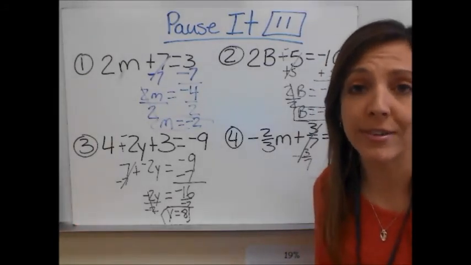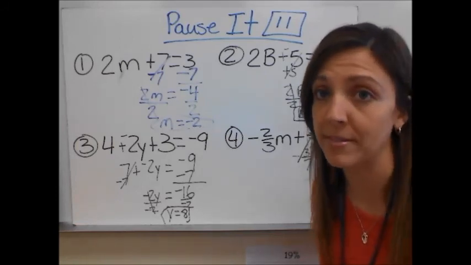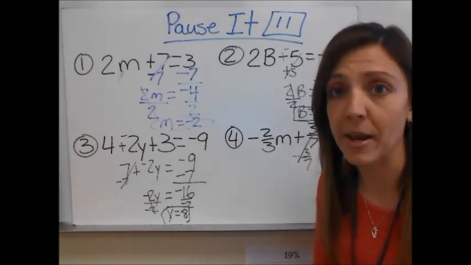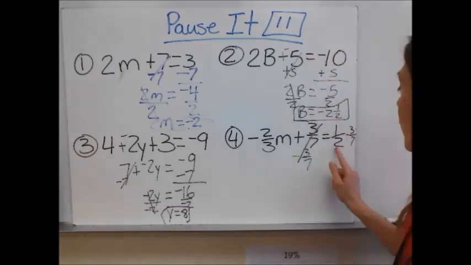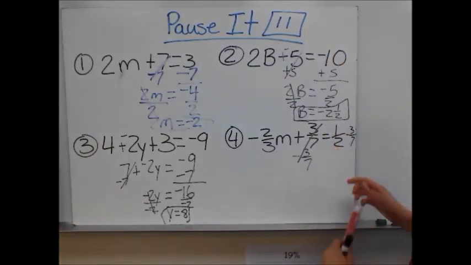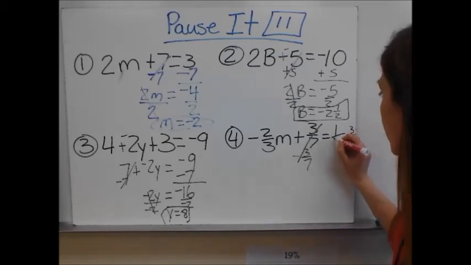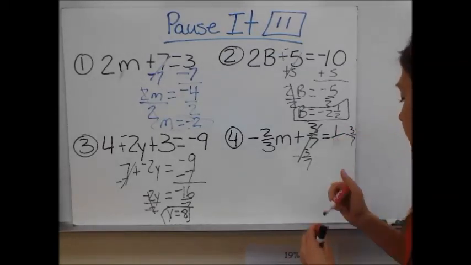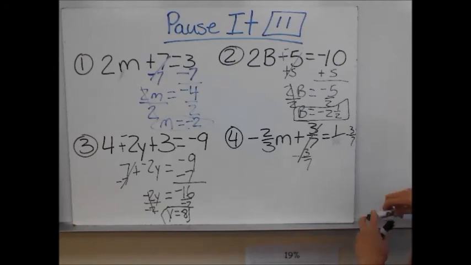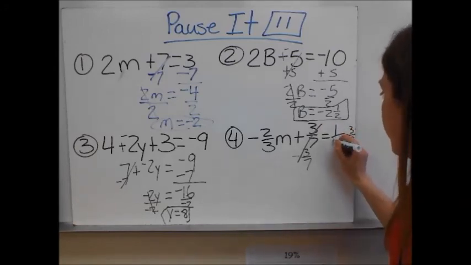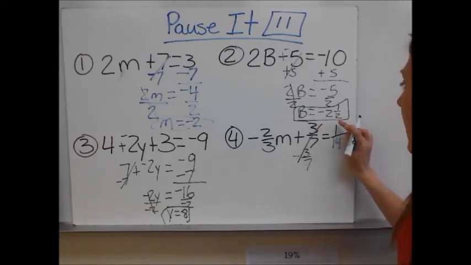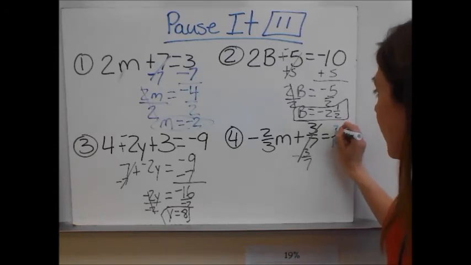To be able to subtract 3/7 from 1/2, I have to get a common denominator. A good common denominator would be 14. 2 times 7 would give me 14, so I'm going to erase the 2. Multiplying it by 7, I'm going to get 14. And 1 times 7 will give me 7.